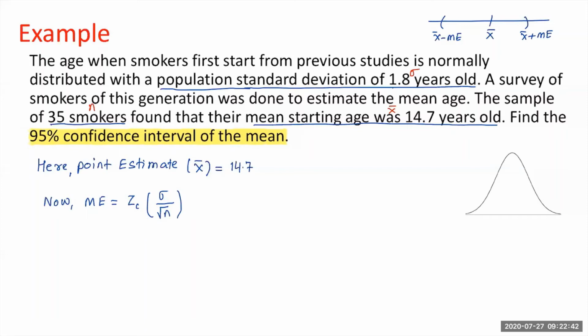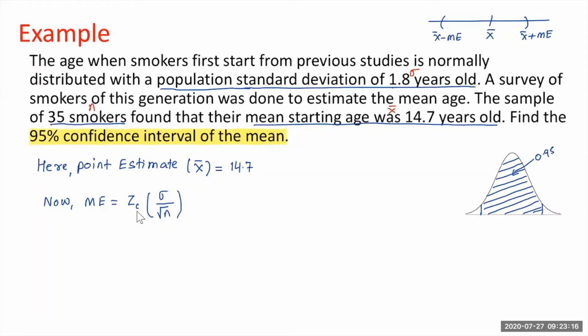So we are going to use the normal distribution to find this Z sub C. Let's find this together. When I say 95% confidence interval, it means that in your normal distribution, the area in the middle is 95%, that is 0.95.